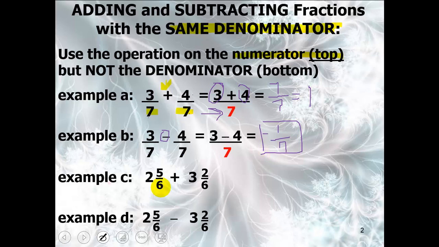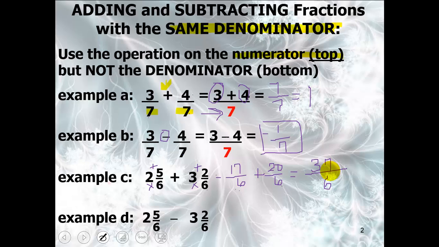So I have 6 times 2 plus 5, that is 17/6, plus 6 times 3 is 18, plus 2 is 20, so 20/6. Now I have a common denominator, so all I have to do is add my tops together, and I get 37 over 6.